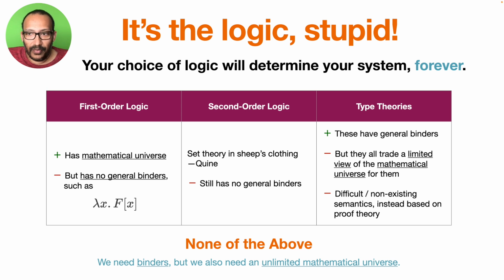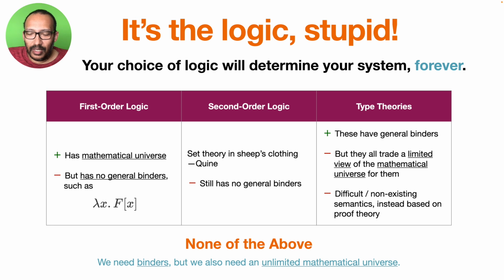Now, type theories, they do have the facility for general binders. And I'm going to argue that they really all trade for this facility a limited view of the mathematical universe.